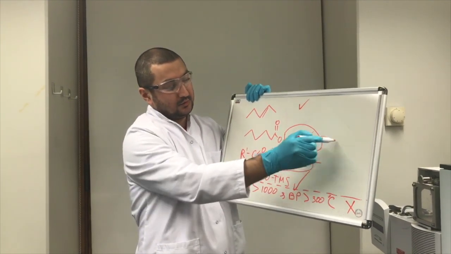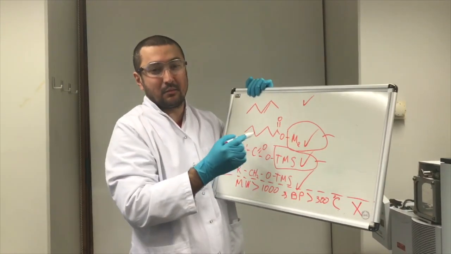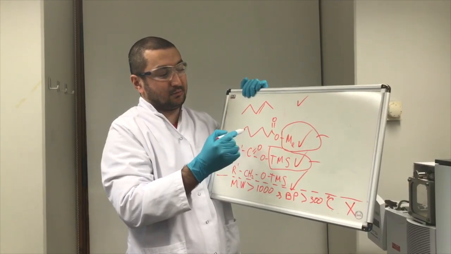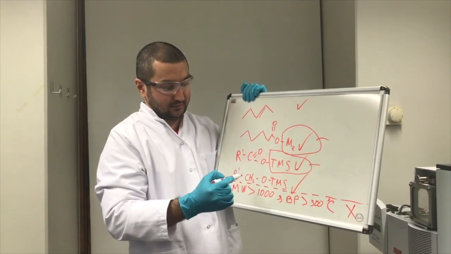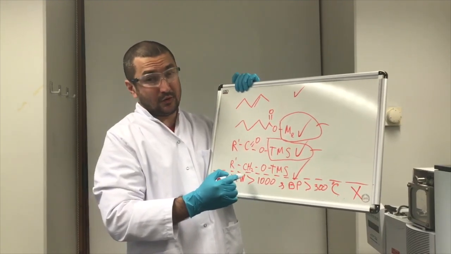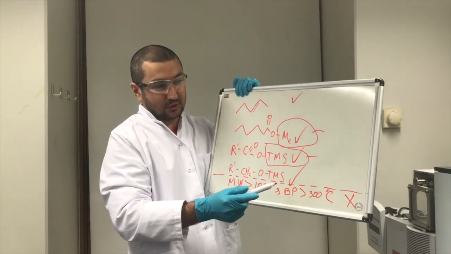What we'll do is derivatize functional groups, which gives them more thermal stability, and lowers their boiling point. So when you have compounds with a molecular weight of more than 1000 Dalton or a boiling point of more than 300, then unfortunately GC-MS is not a technique for analyzing those.